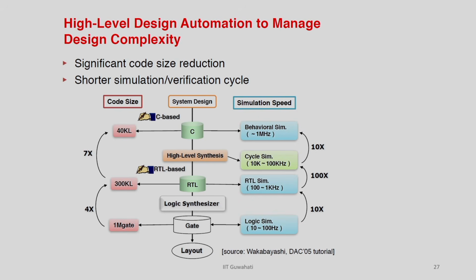I am very excited to cover many important things in this course, and this diagram again summarizes the use of design automation, and specifically this C to RTL flow. This is something I have already covered.